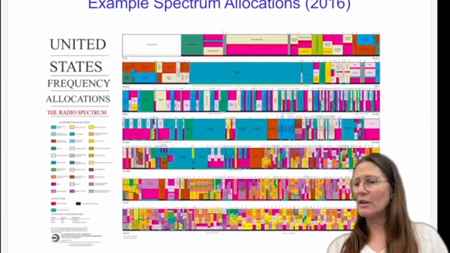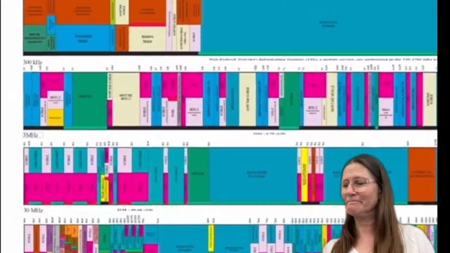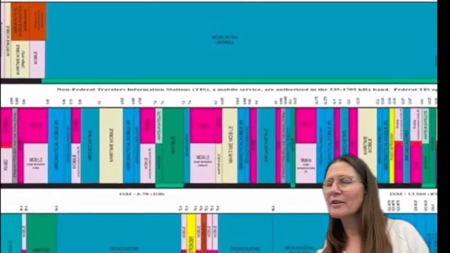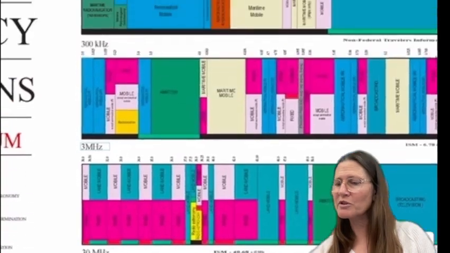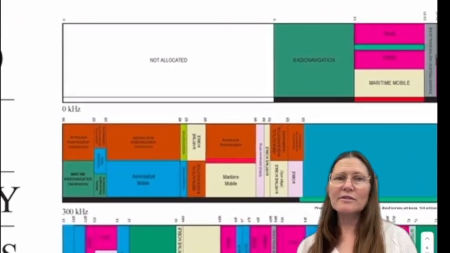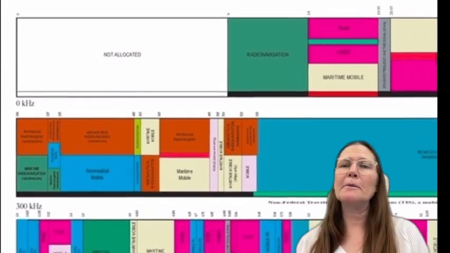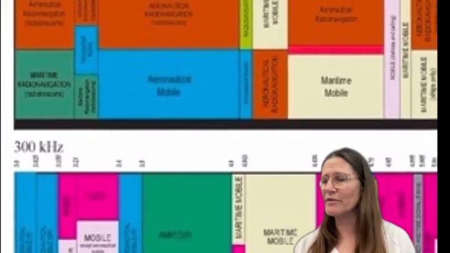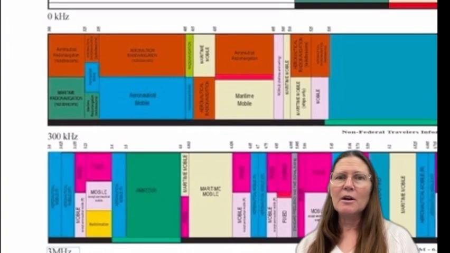The United States has a frequency allocation band. These are hard to read, but for specific frequencies, at 0 kilohertz, it's actually not allowed to send anything. And then at 300 kilohertz, it's hard to read these, but there's a maritime mobile.